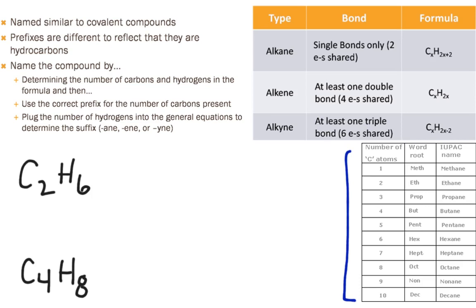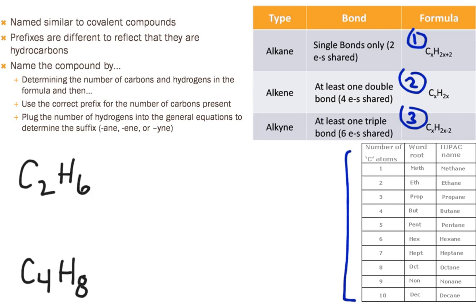When we name these, they're going to follow one of 3 different formulas. Alkanes contain only single bonds. Alkenes have some double bonds, and alkynes have at least one triple bond. The formula is going to fit into those: CxH2x+2, CxH2x, or CxH2x-2.